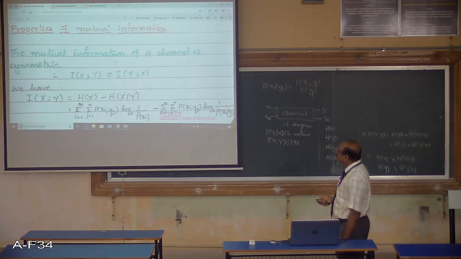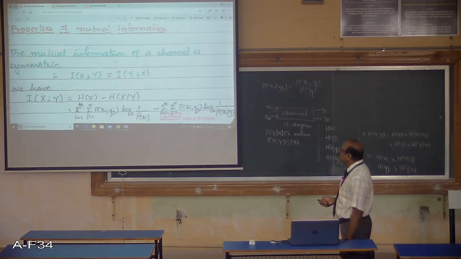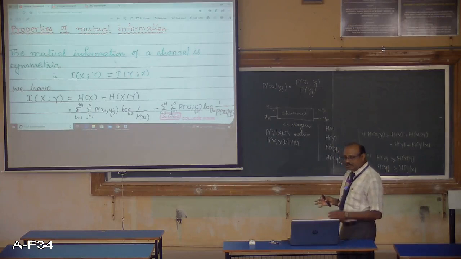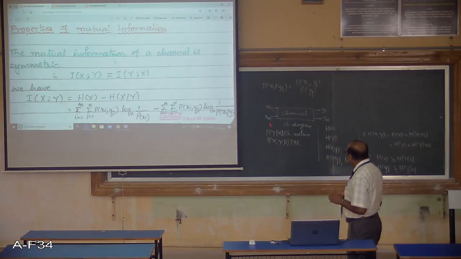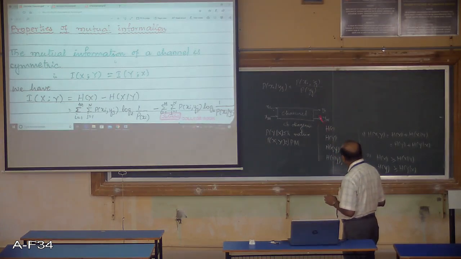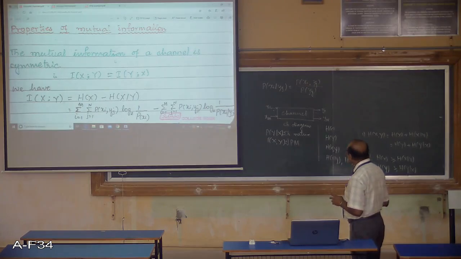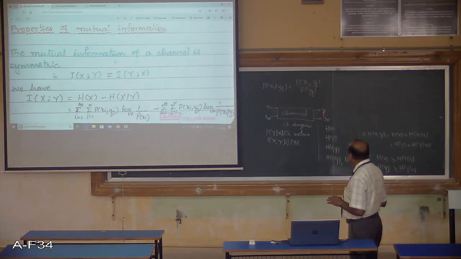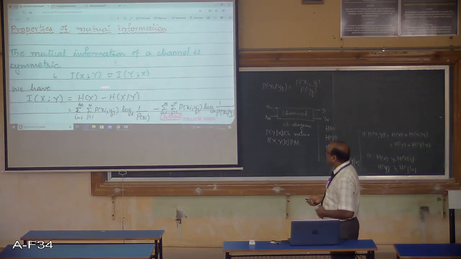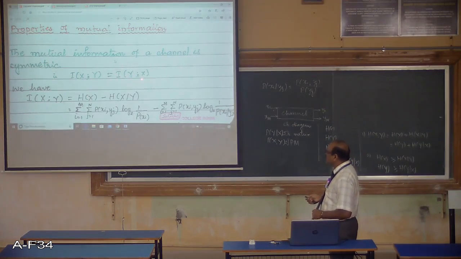Mutual information of a channel is symmetric, which means that the same thing we analyzed at the input side can be analyzed at the output side: average information needed to specify each output symbol, H(Y), before knowing and after knowing the input symbol transmitted. So it is symmetric: I(X;Y) is equal to I(Y;X).